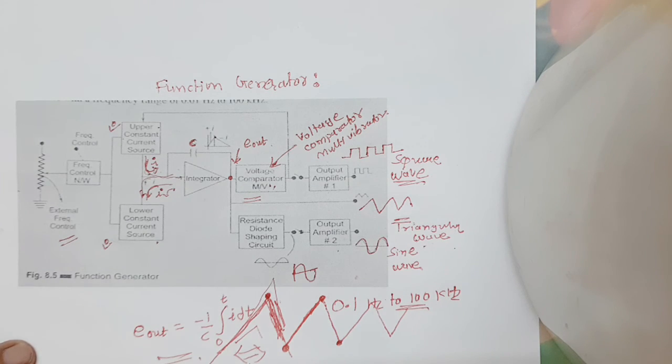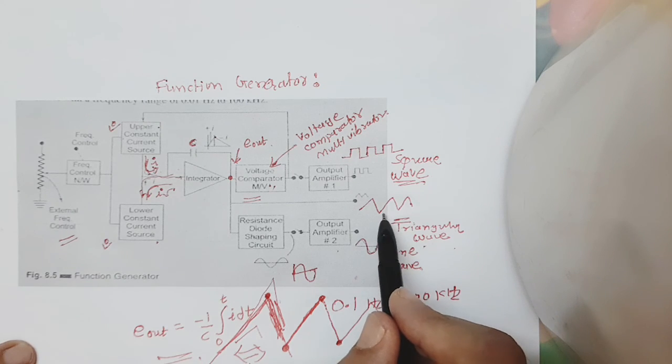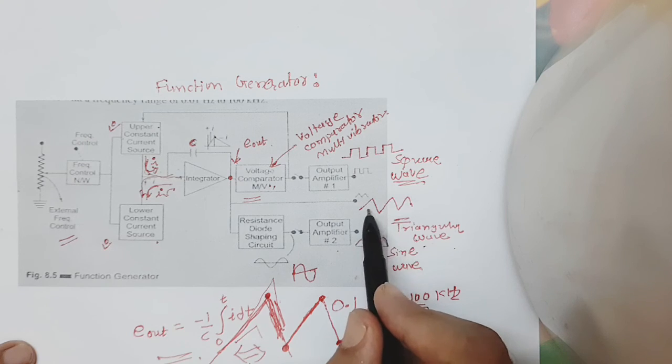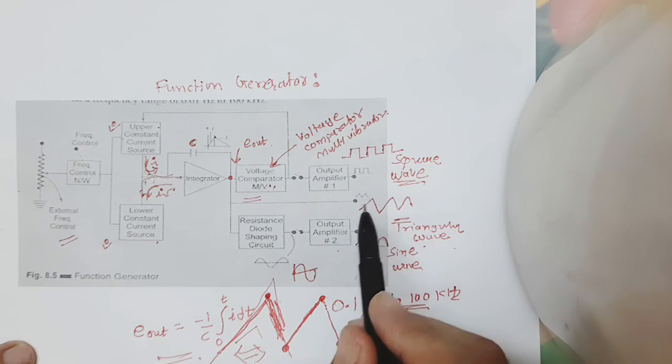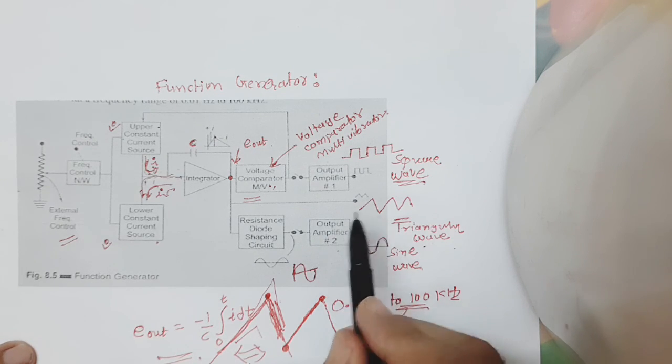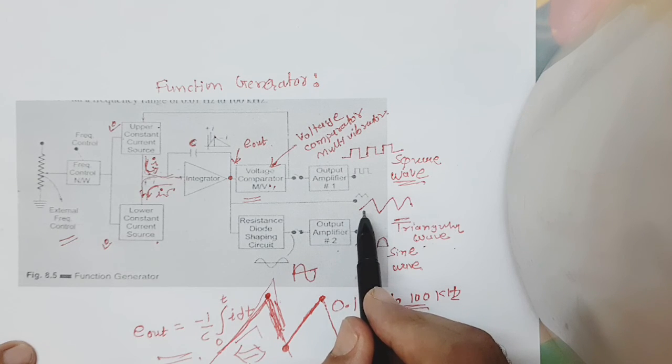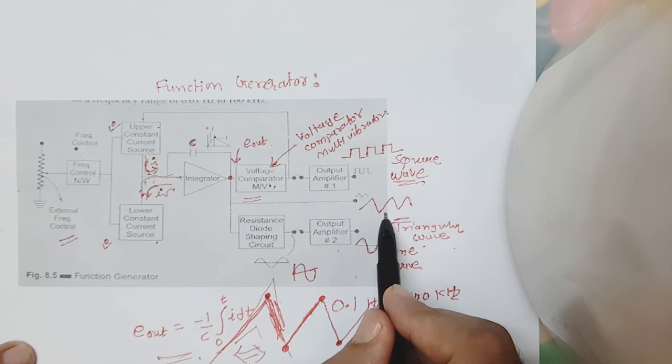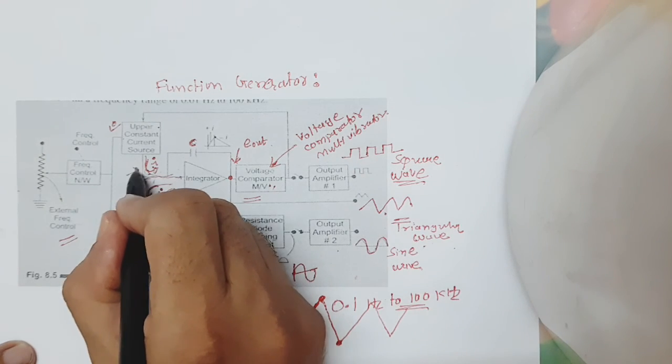The output of the integrator is a triangular waveform whose frequency is determined by the magnitude of the current supplied by the constant current source. That means, what is the value of this current?